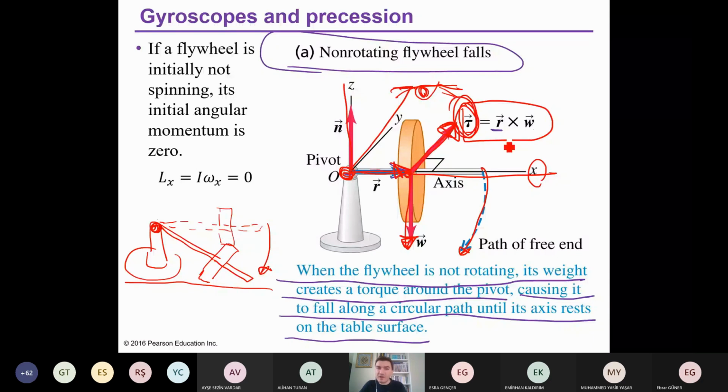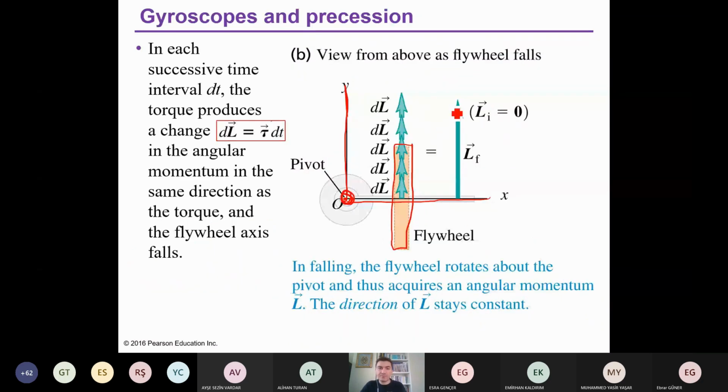Now we are looking from the top for this condition. So we know this expression, dL over dt is equal to torque, right? Then if I take dL from this expression, it is given by torque times dt.